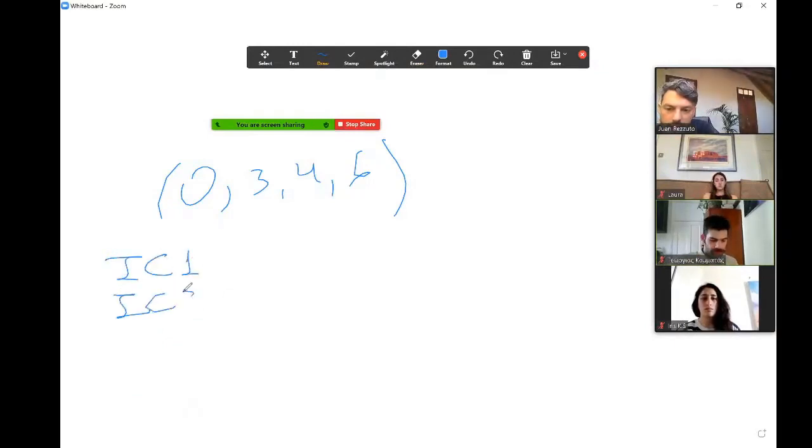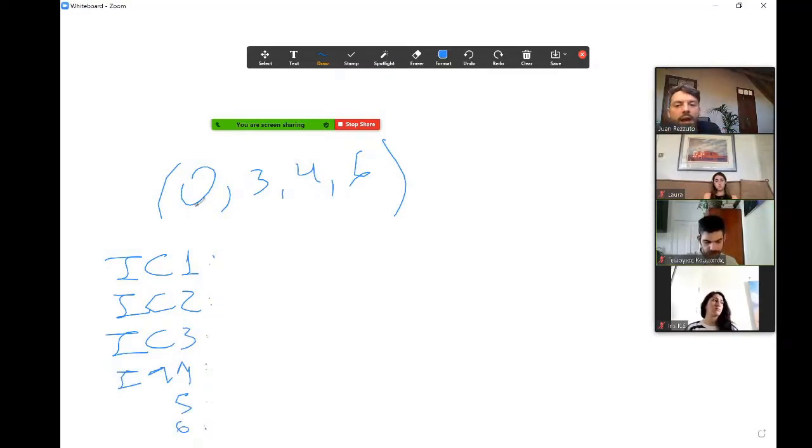IC1, IC2, IC3, IC4, 5, and 6. Okay. So then, what's the interval we have here? 3 minus 0. We have one of this one. Then this one of this one. I will do these ones quickly. This one of this one. Right?